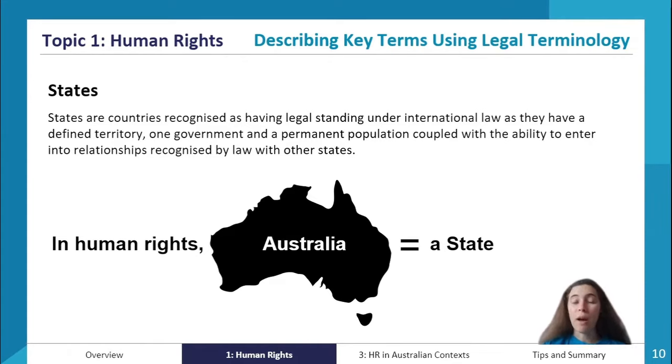One government, we have one government in this country. We also have a permanent population, so people are permanently living here. And we do enter into relationships and negotiate with other countries as well. So those are the things that are required to be recognized as a state with legal standing in international law. So in human rights, Australia is a state.